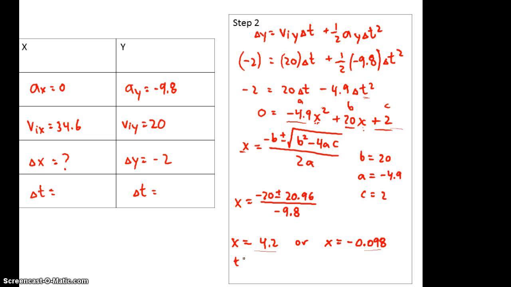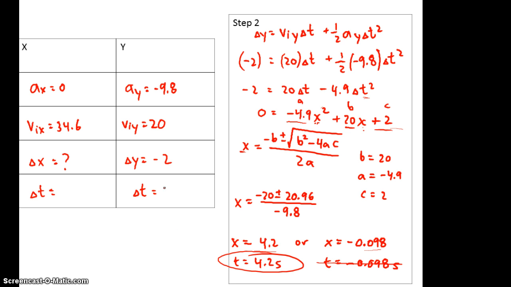This is saying the time is equal to 4.2 seconds. This is saying the time is negative 0.098 seconds. This answer doesn't make physical sense. Negative time. So we can ignore this answer and say this must be the value for how long it takes to hit the water. We ignore the value that doesn't make any physical sense and go with the one that does.